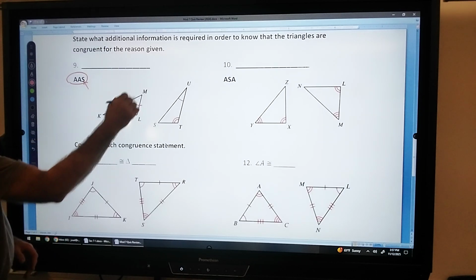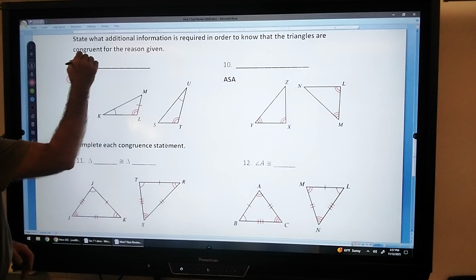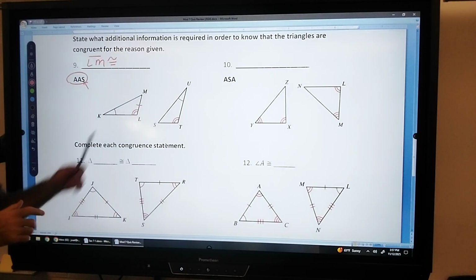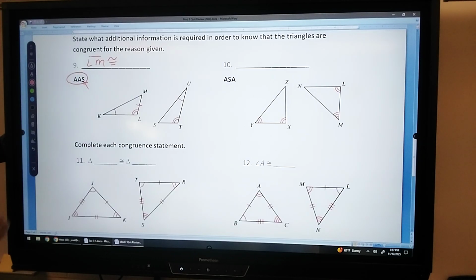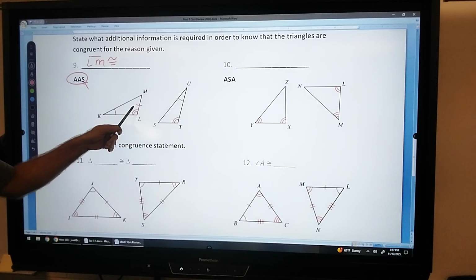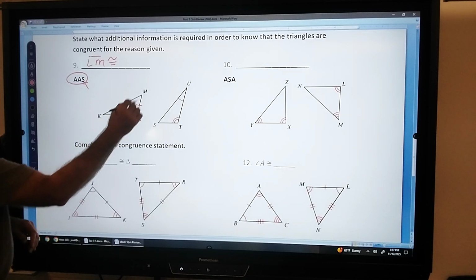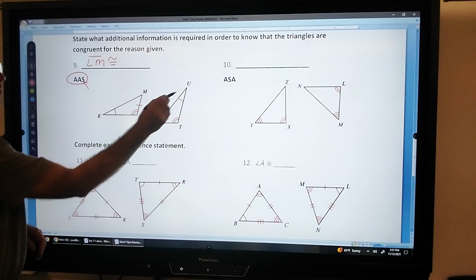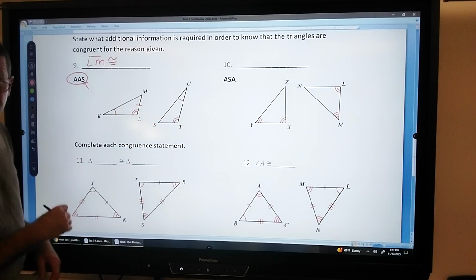Then you're going to go up here and you're going to name it. I'm going to name that LM. And it's a side, so I have a little bar across the top. And now I need to figure out which side matches this. Well, this is from L, my double arc going towards the letter that does not have anything.